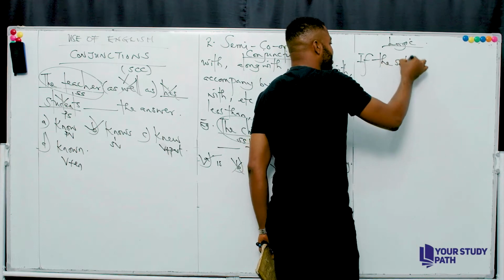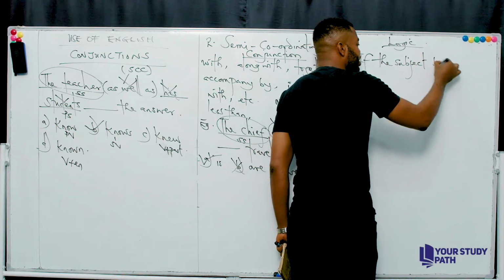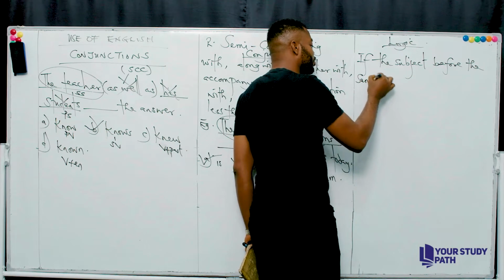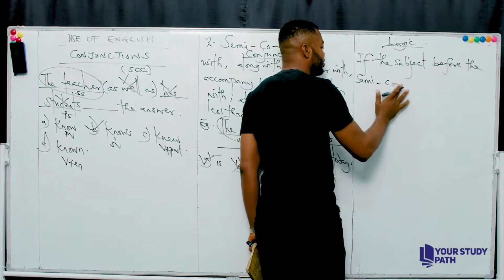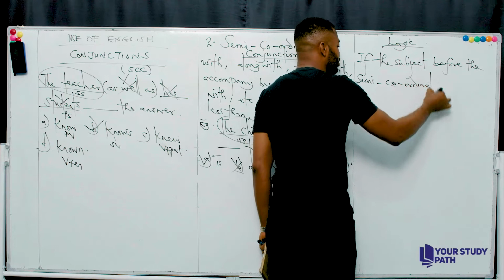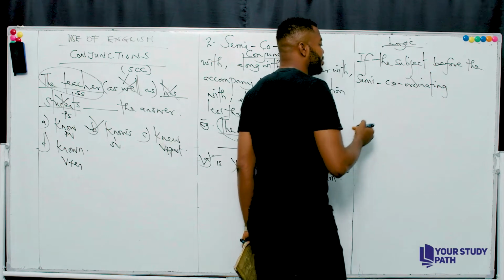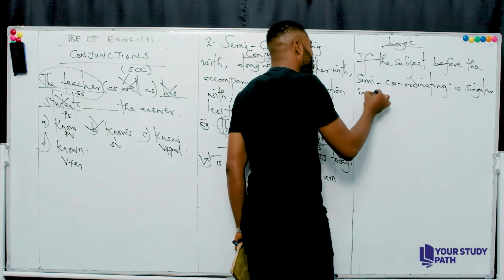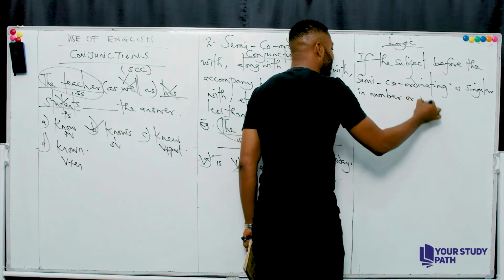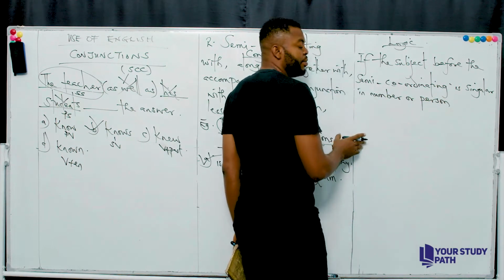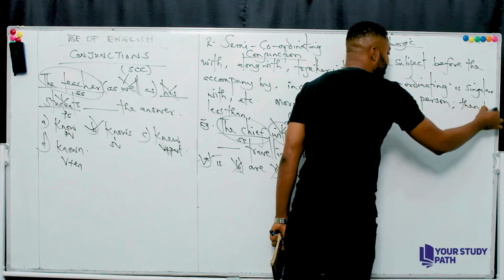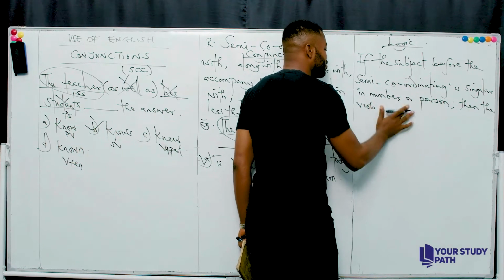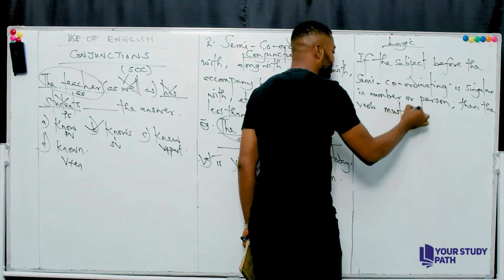If the subject before the semi-coordinating conjunction is singular in number or person, then the verb must be singular.